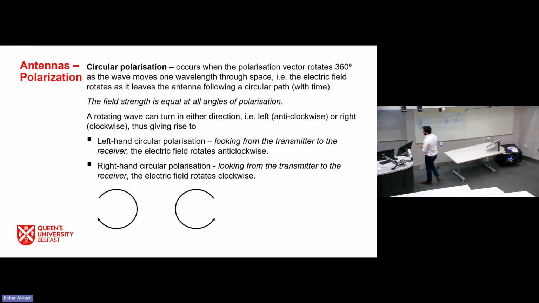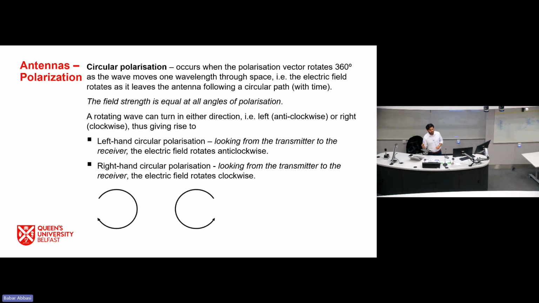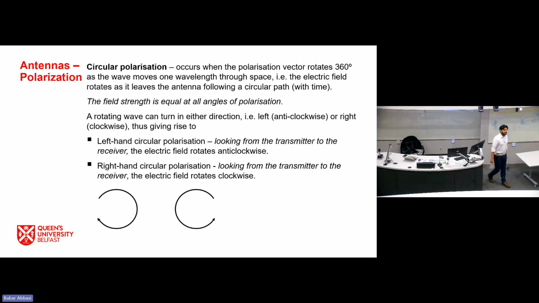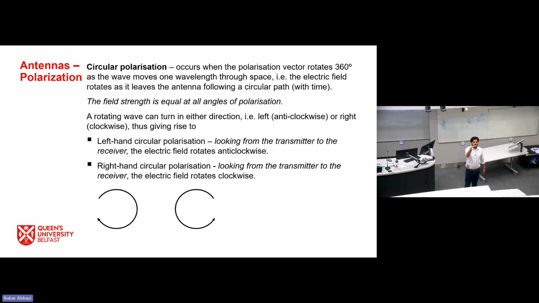If a CP signal is thrown and you have a linearly polarized antenna, then you will receive at least something, at least half of the energy in ideal conditions. For example, if a circular polarization signal is coming from a GPS satellite and I have a linearly polarized antenna sitting here, it will receive half of the energy that it should have received if it was a pure circularly polarized antenna.